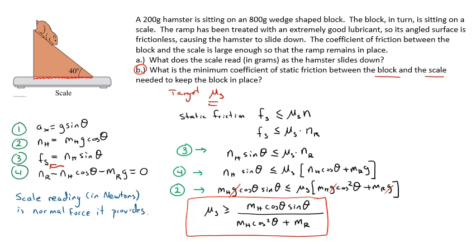So we know all the numbers. Let's check the units. The units of mu s should be 0, or there shouldn't be any units. And it's good because on the top I've got kilograms, and on the bottom I've got kilograms. So that looks fine.